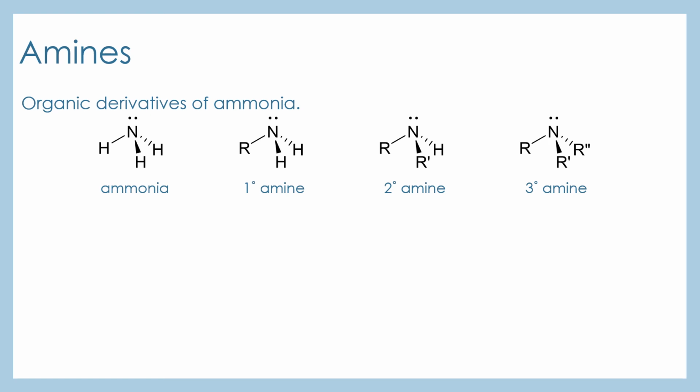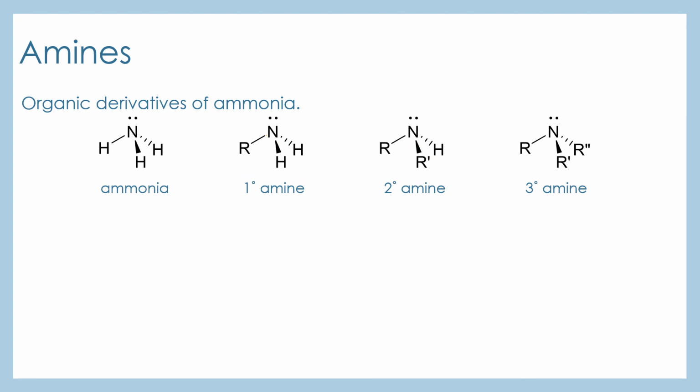Now these have their own classifying system. If you have a nitrogen that has 2 hydrogens and only 1 carbon attached to it, it's called a primary amine. If the nitrogen has 1 hydrogen and 2 carbons attached to it, it is called a secondary amine. If the nitrogen has 3 carbons attached to it, it is called a tertiary amine.